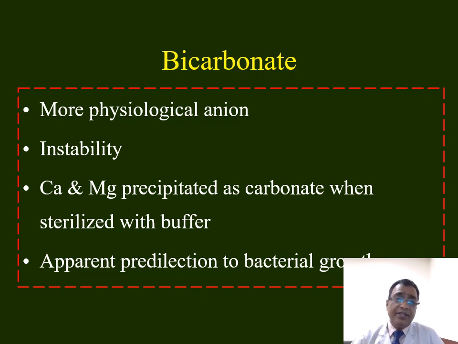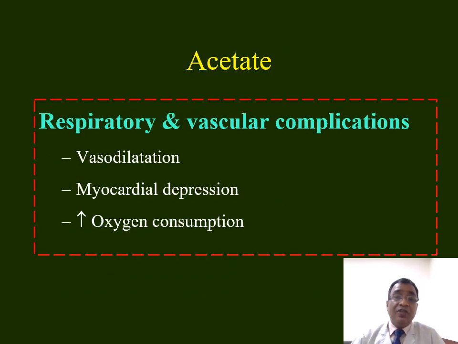Instability is a problem. Calcium and magnesium precipitate as carbonate when sterilized with buffer, and there is an apparent predilection to bacterial growth. Whereas acetate causes respiratory and vascular complications in the form of vasodilatation, myocardial depression, and increased oxygen consumption.